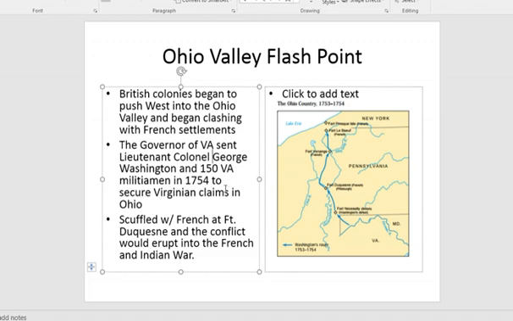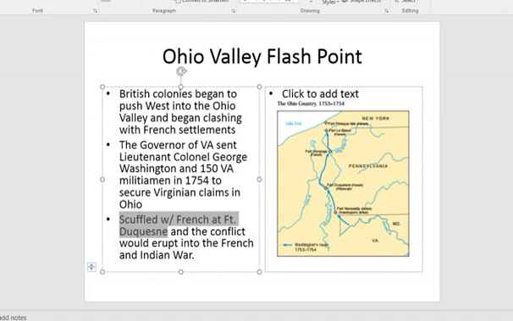Now, this is going to lead to a conflict, all right? George Washington is actually going to get into a firefight with the French at Fort Duquesne. And this conflict is going to begin the French and Indian War. Okay, so we have shots fired between American colonists who are British citizens and the French.